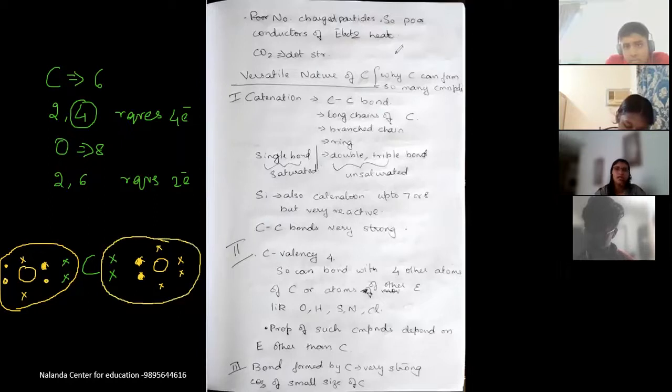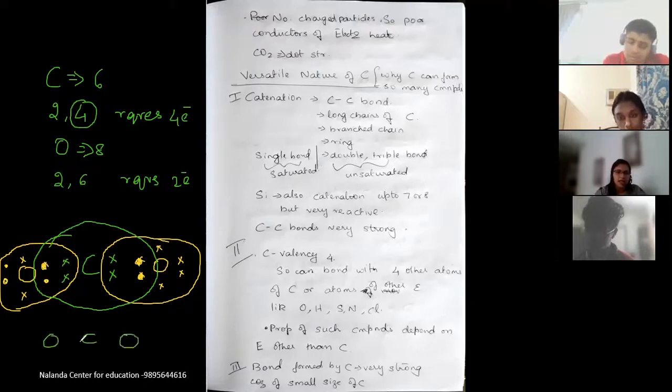Now, what does this particular carbon do? Carbon attracts 2 electrons from each of the oxygens to itself. So C is here, O is here, and another O is here. Now they form bonds among themselves, between carbon and oxygen.